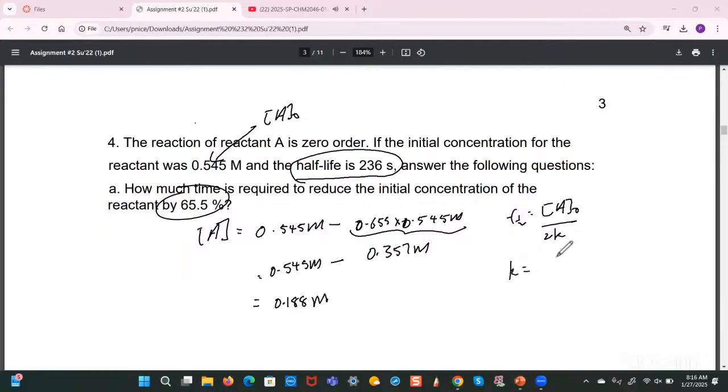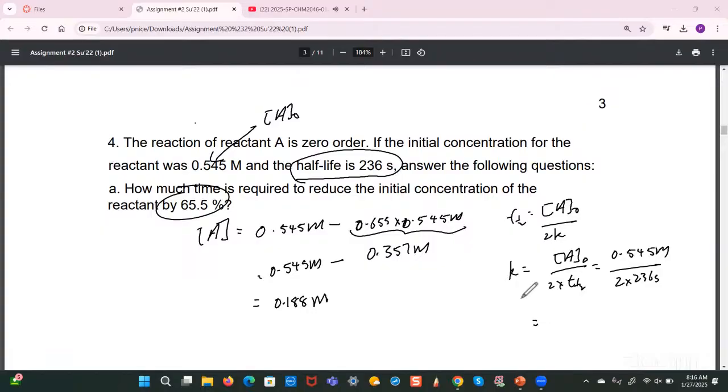K would be equal to concentration of A initial divided by 2 times the half-life, which is equal to 0.545 M divided by 2 times, what's the half-life? 236 seconds, right? So that's 0.545 divided by 2 divided by 236.